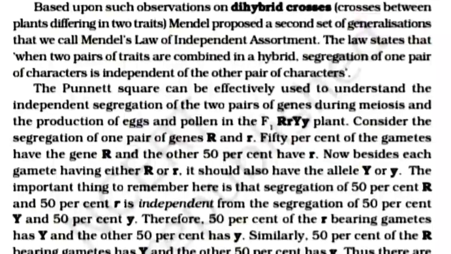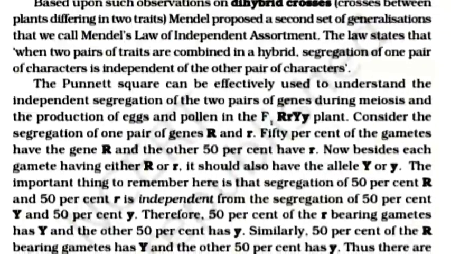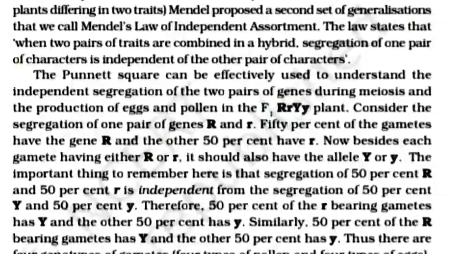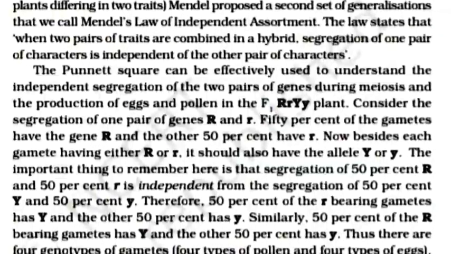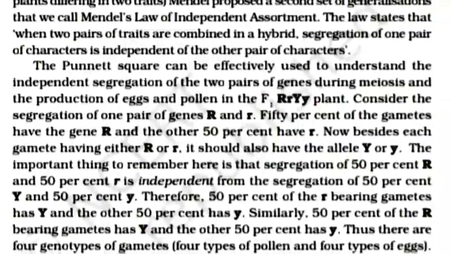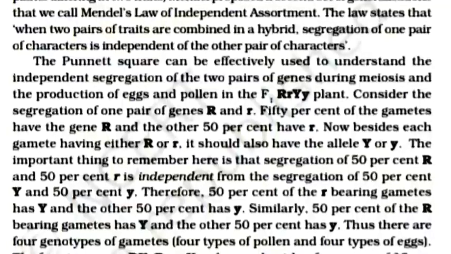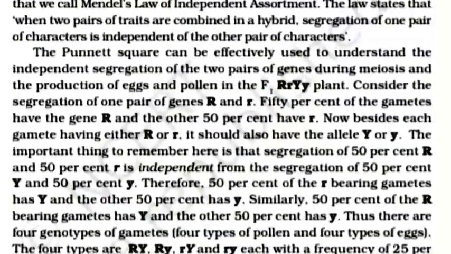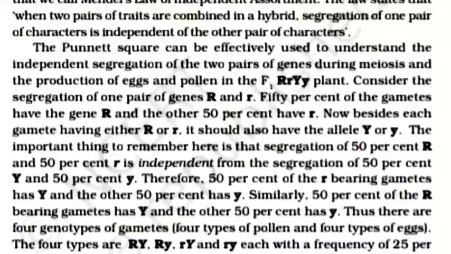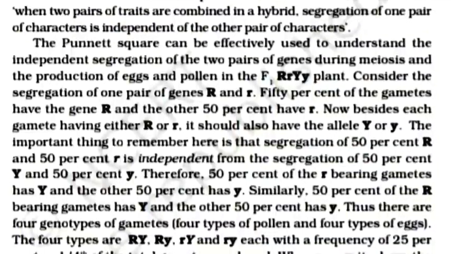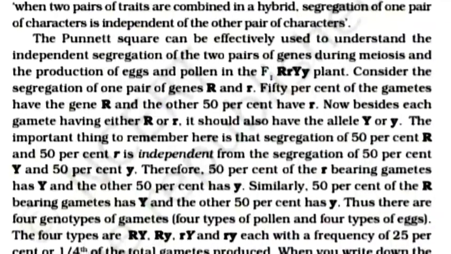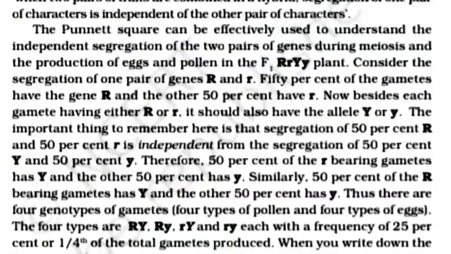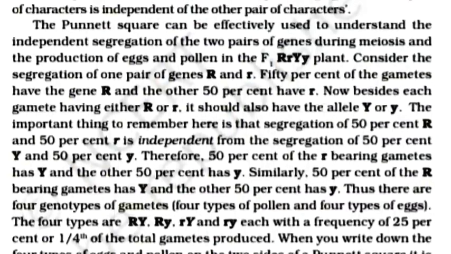The Punnett square can be effectively used to understand the independent segregation of two pairs of genes during meiosis and the production of eggs and pollen in the F1 capital R small r, capital Y small y plant. Consider the segregation of one pair of genes, capital R and small r. 50% of the gametes have the gene capital R and the other 50% have small r.